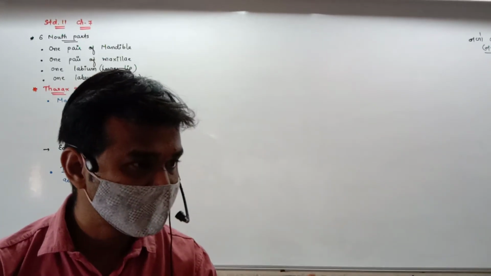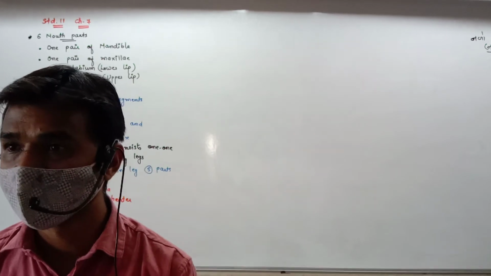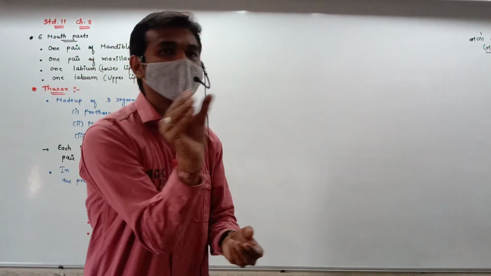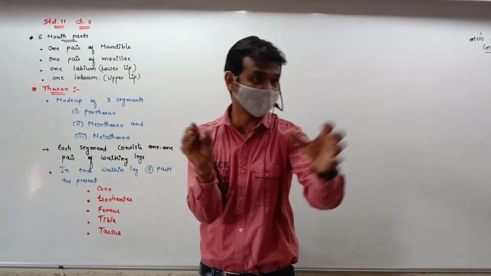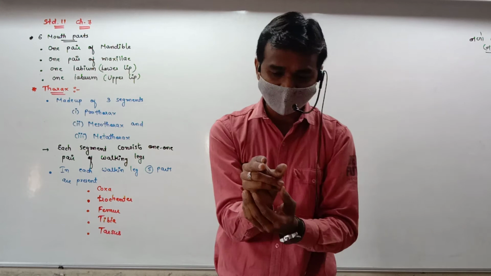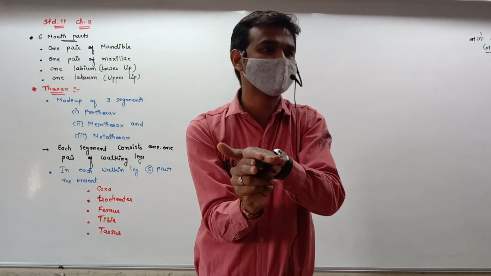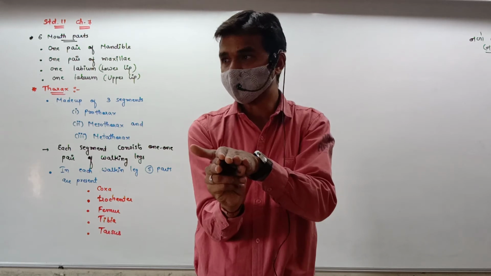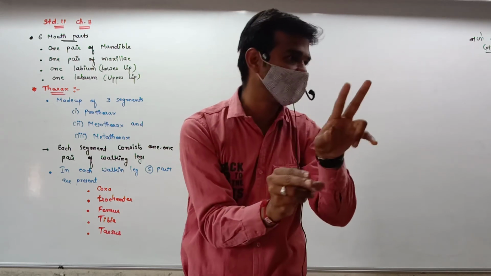But listen please. When you hold the cockroach like this, just the dorsal side wings are there. Cockroach has two pairs of wings.